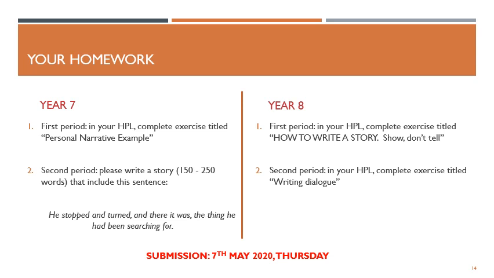So for my year 7 students, for your first period in your HPL, complete the exercise titled personal narrative example. And in your second period, I want you to write a story between 150 and 250 words that includes the sentence: he stopped and turned, and there it was, the thing that he had been searching for. I want you to write that on a foolscap paper.